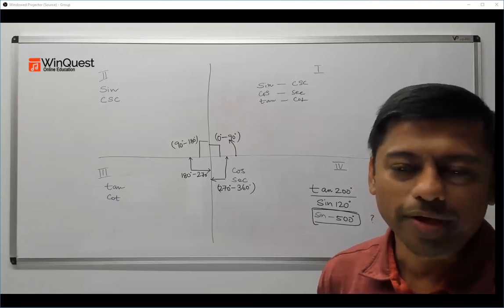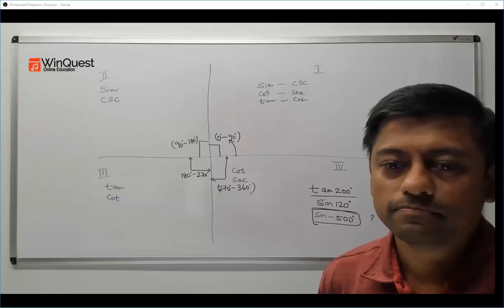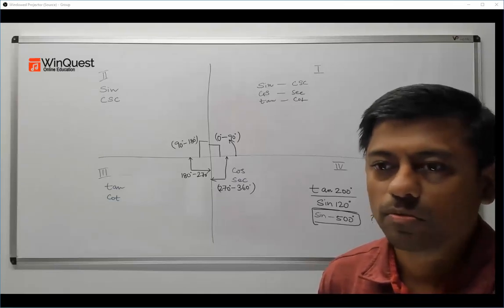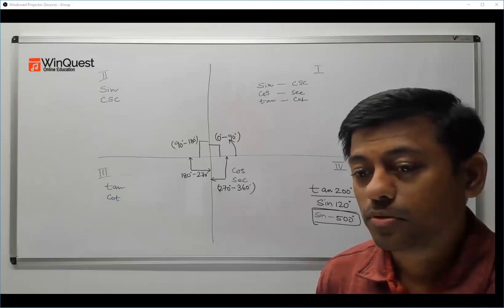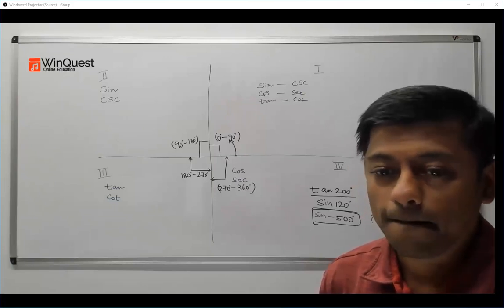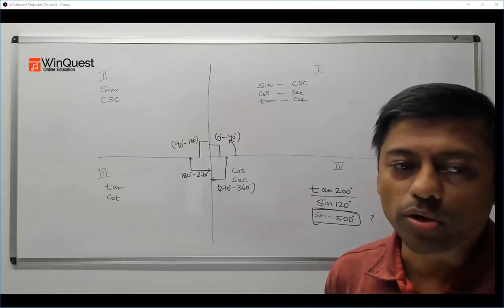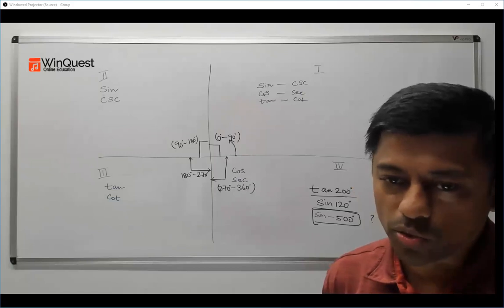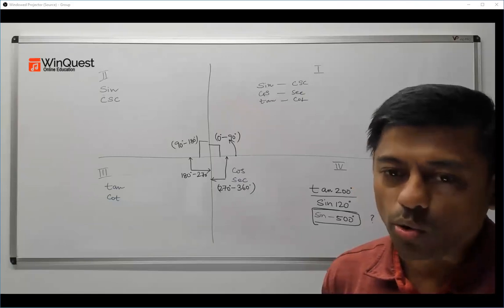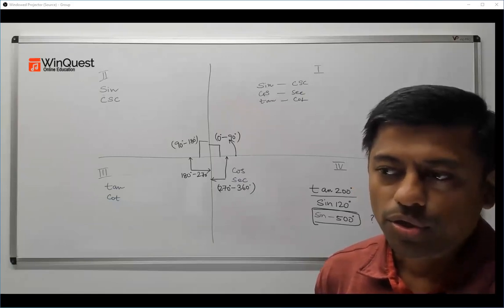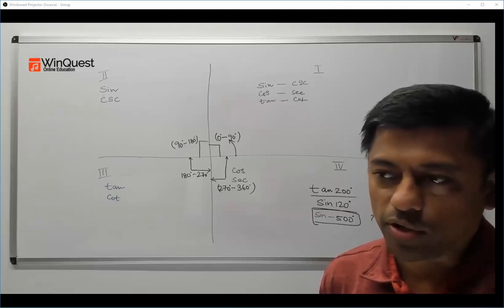Who will explain that? Here is the thing you should think. I said by default, everything rotates anti-clockwise. That's absolutely true, but that will only be applicable when your angle is written in a positive direction, like tan of 200 degrees, sine of 120 degrees.